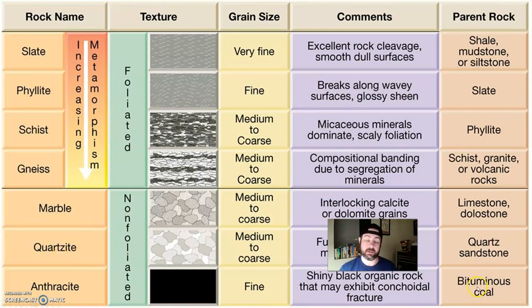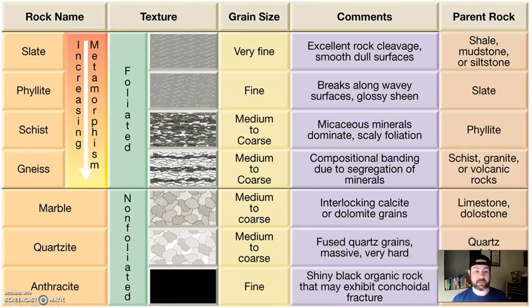And then you take a sedimentary rock like bituminous coal, apply heat and pressure, and it becomes an even higher grade of coal, in this case becoming metamorphosed, becomes a rock called anthracite. So the first thing, and these are all non-foliated, they don't have layers or bands of minerals.